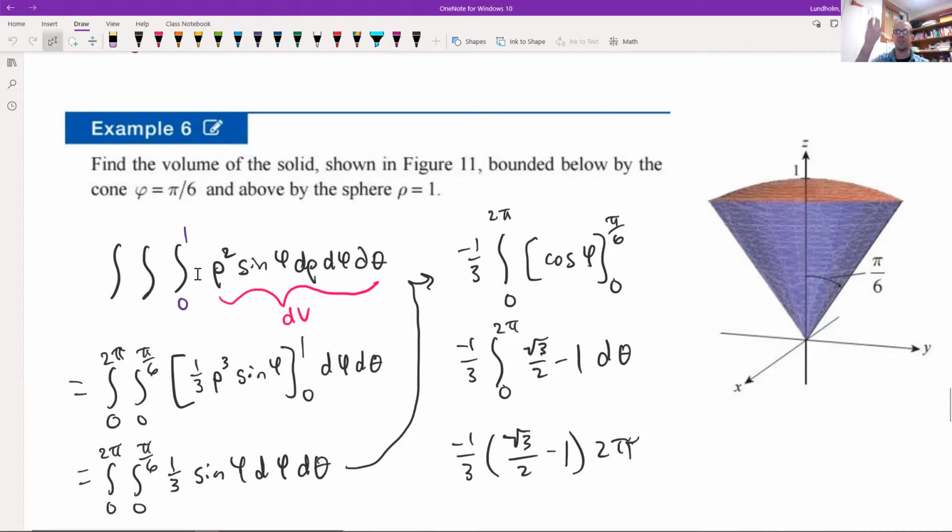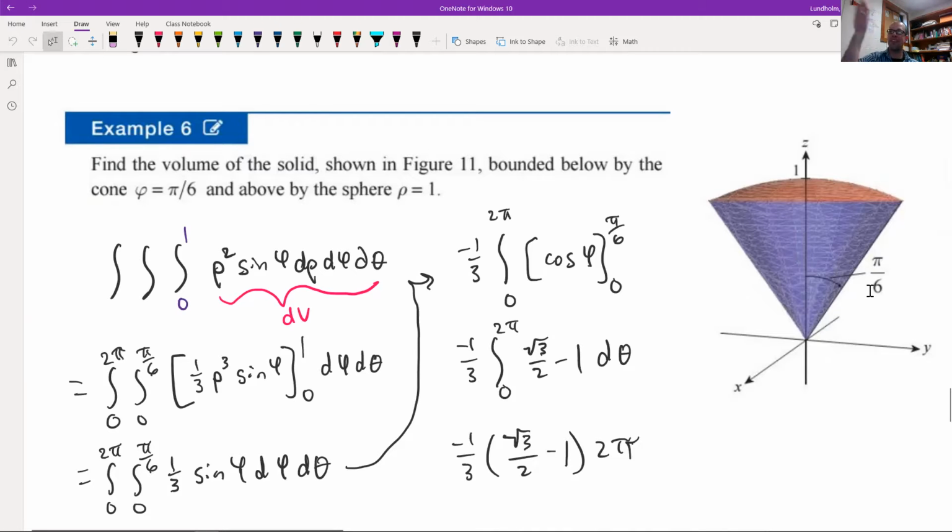For phi, which is the one that comes down from the z-axis, we've been given information that we're bounded below by this cone, where we've got pi over 6.